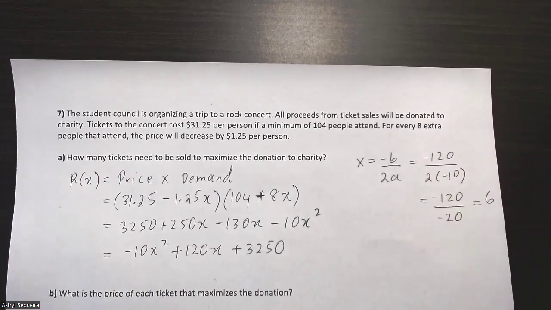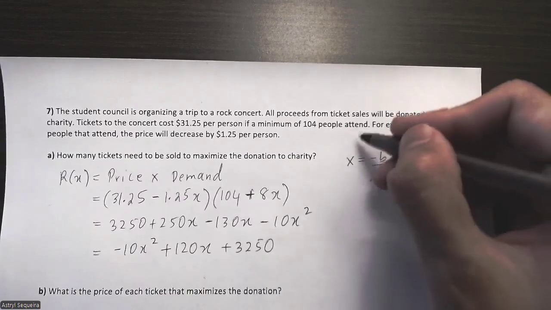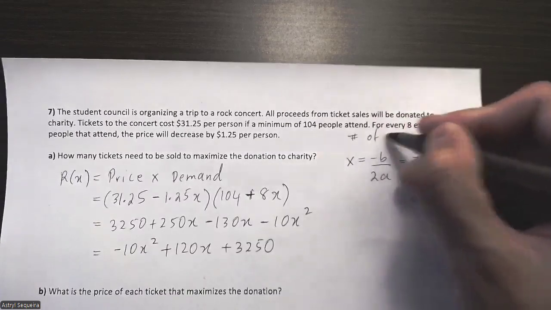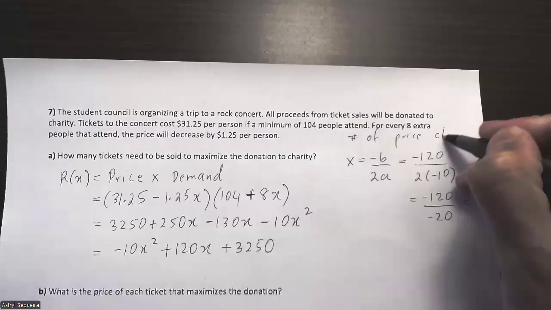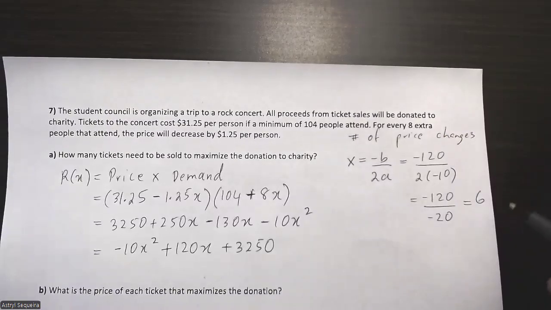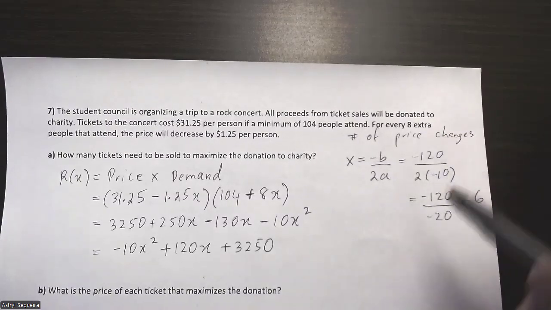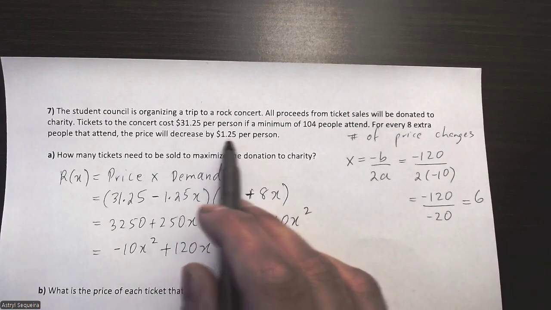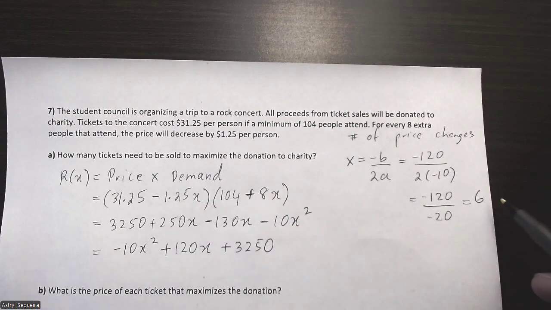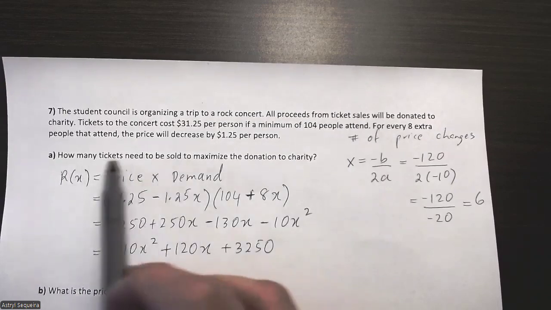positive 6. Remember, x represents the number of price changes in these types of revenue questions always. So I'm going to have 6 price changes. Basically, the price will decrease $1.25 6 times. So how many tickets need to be sold?